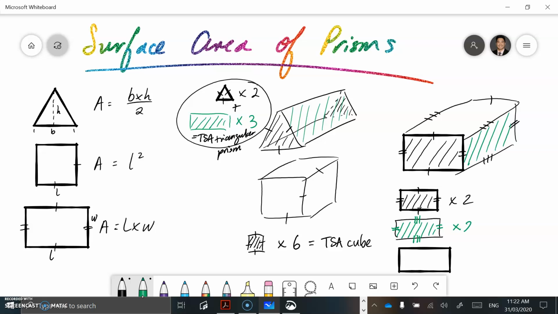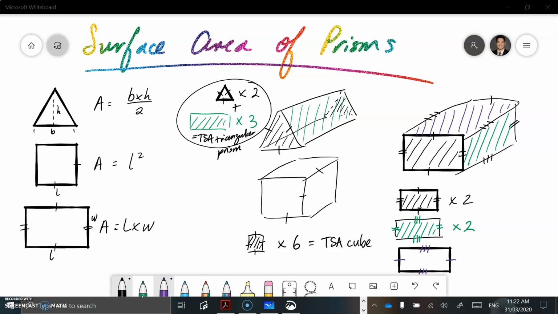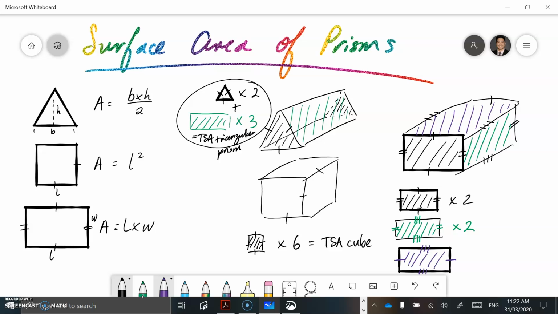We've got 2 of those as well. And then lastly we have this rectangle on the top, and that will also include the same rectangle at the bottom. And that's 1, 2, 3 dashes with 1 on the side, and we have 2 of those.